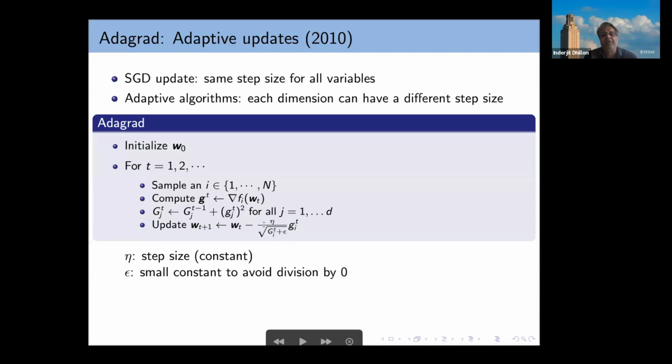But what it is saying is that you are taking the gradient, and in each dimension you are scaling by eta, as in SGD, but now you have a per-coordinate step size. And that per-coordinate step size is computed as follows. You take the square of the gradient in that dimension, and you just keep on adding it.